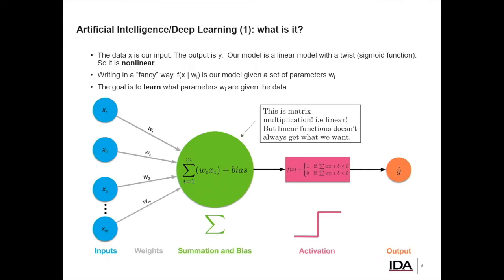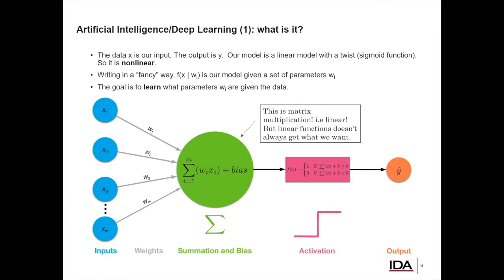If you just look at what's inside the summation, there is just a slope times the input plus some intercept, right? That's a line, and that's a matrix multiplication. It's a linear operation. So it really is a linear model with a twist, quite literally, because at the end of the day, after this matrix multiplication, we apply one more.